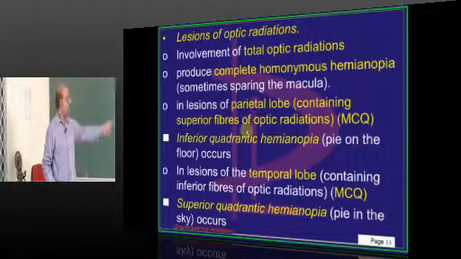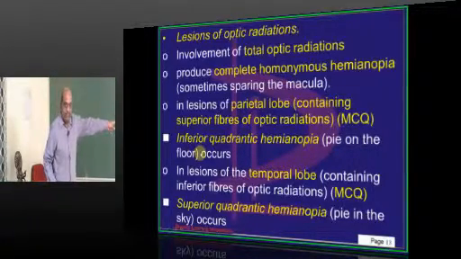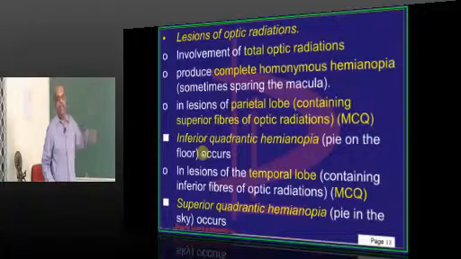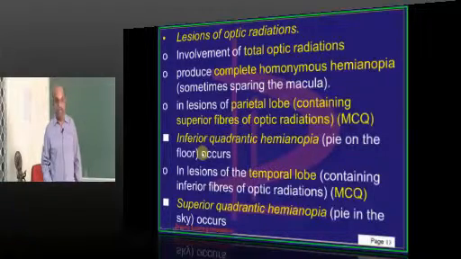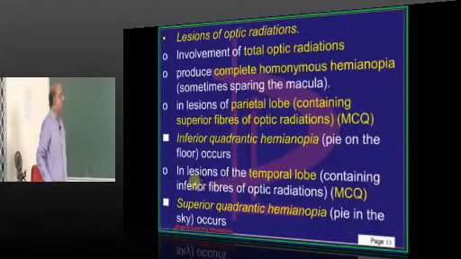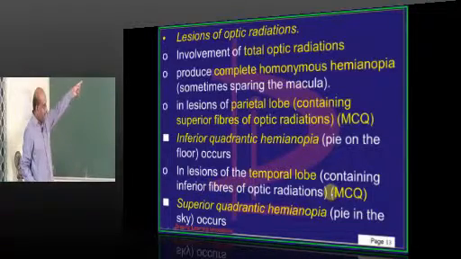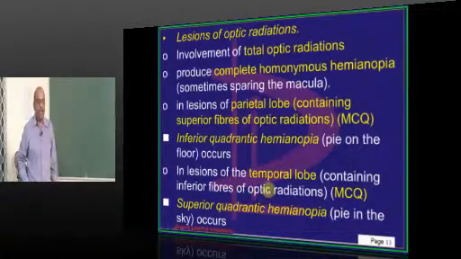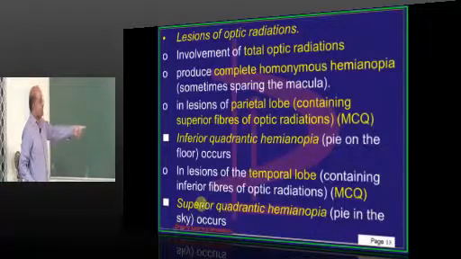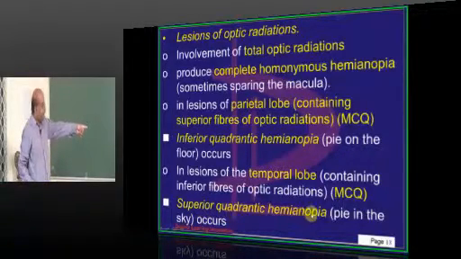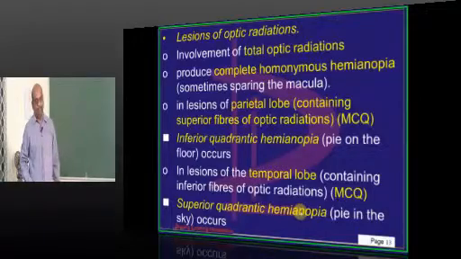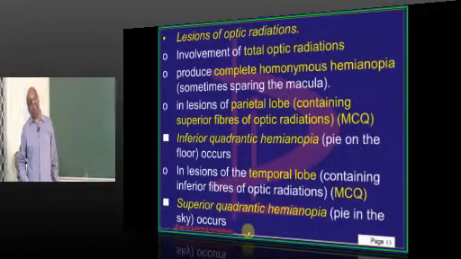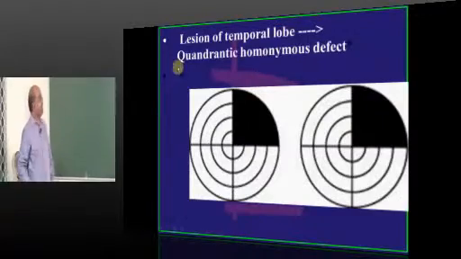So parietal lobe lesions finally lead to inferior quadrantic hemianopia. Then the temporal lobe contains the inferior fibers of the optic radiation, and hence patients will develop superior quadrantic hemianopia. It's called pie in the sky. It is in the temporal lobe lesions.